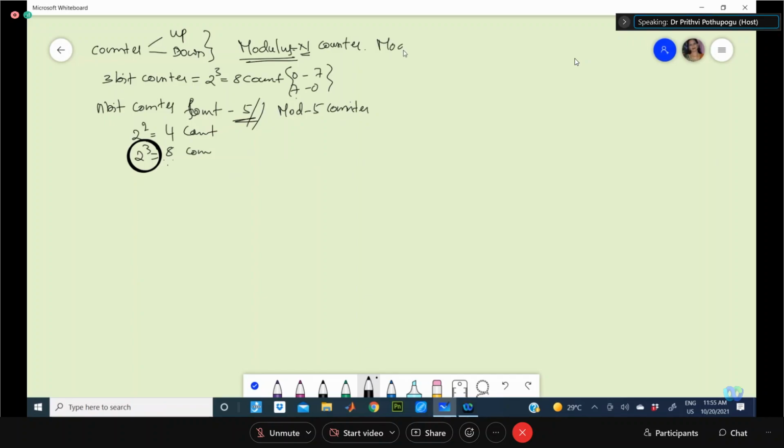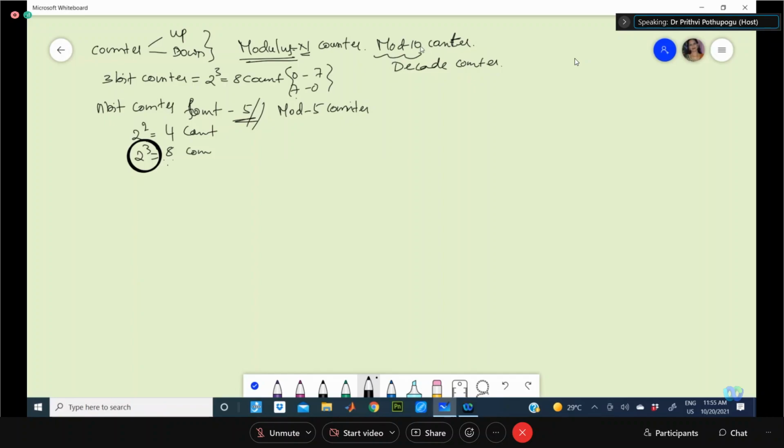Mod 10 counter. Heard of this mod 10 counter? It means decade counter. Why?